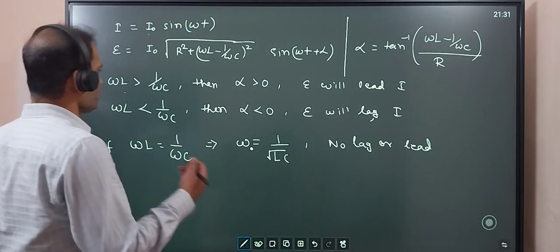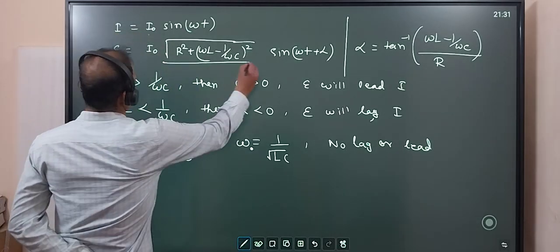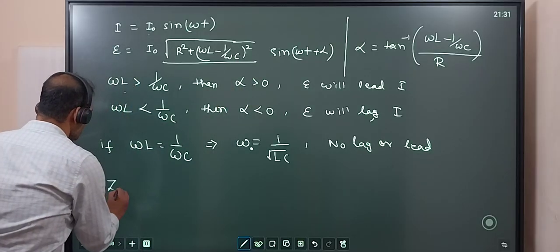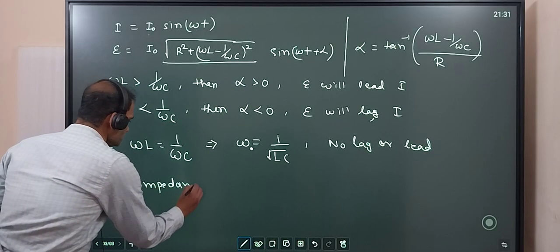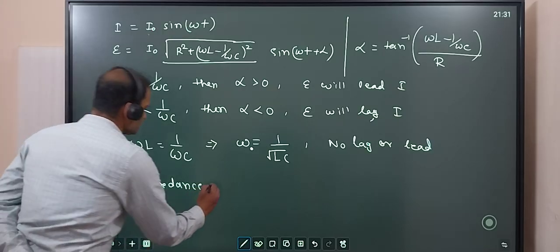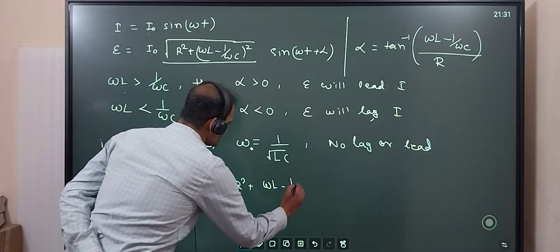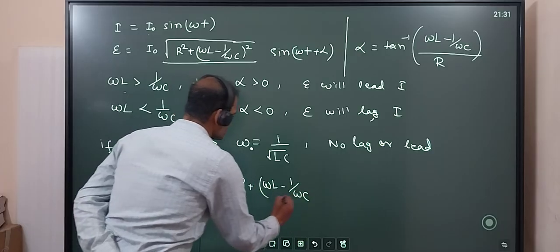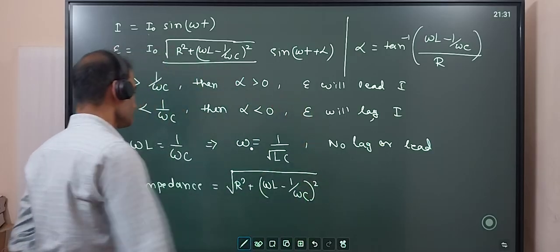And what we need to see is this part, which is called impedance: the square root of R square plus (omega L minus 1 by omega C) the whole square.